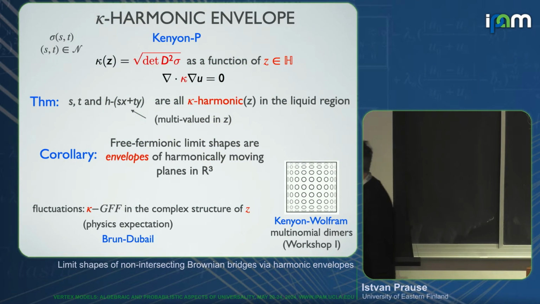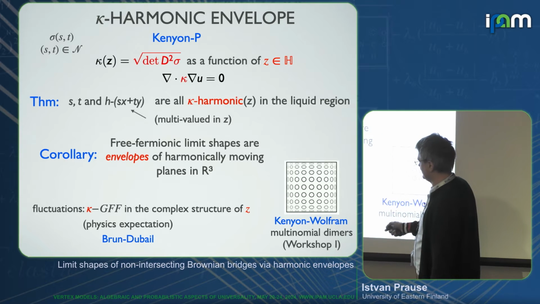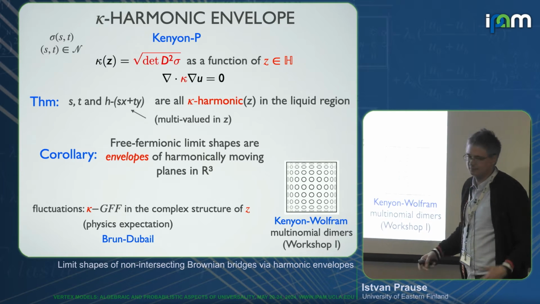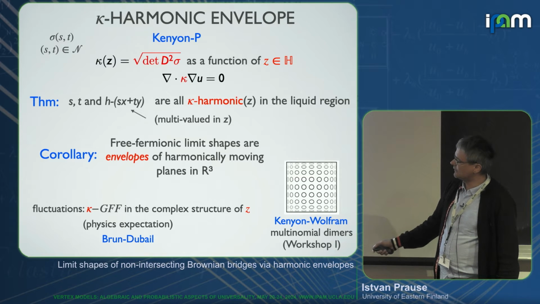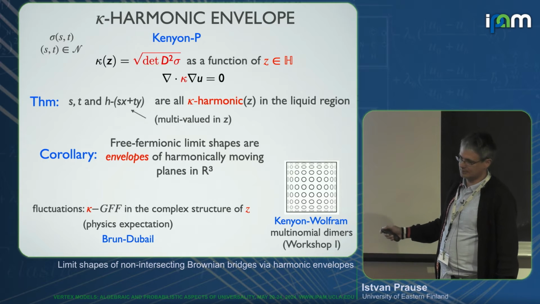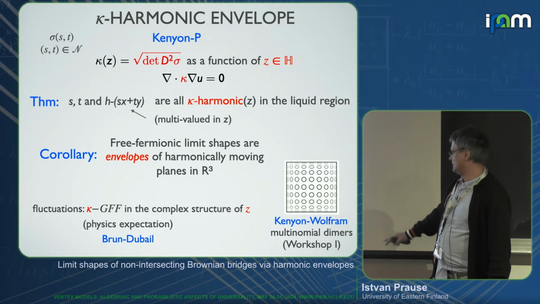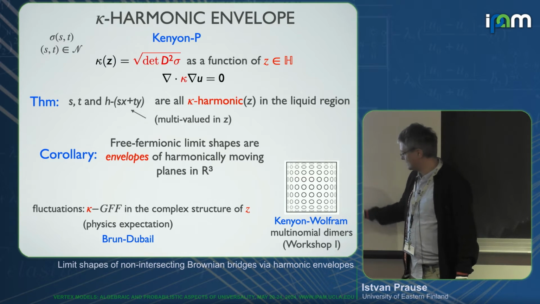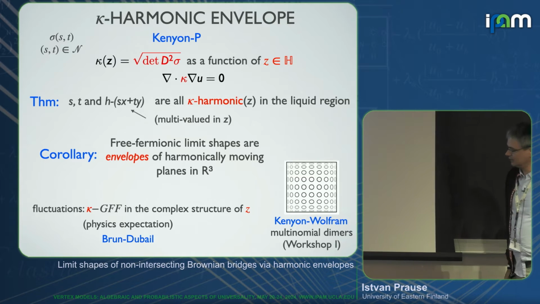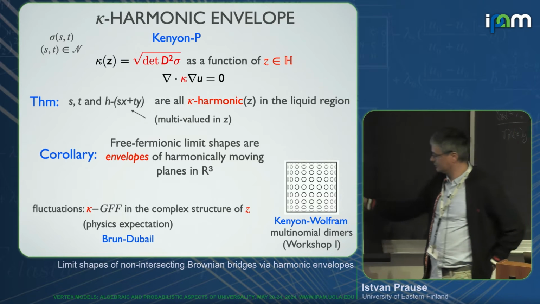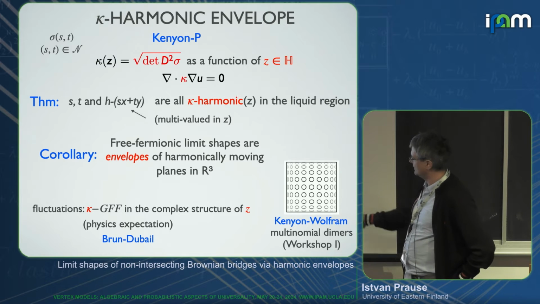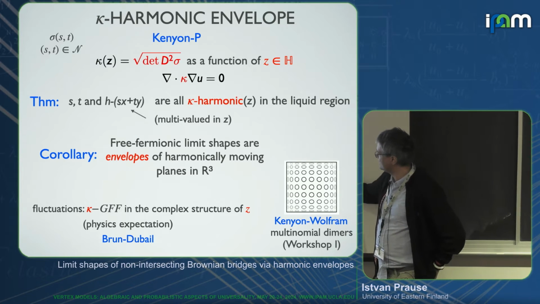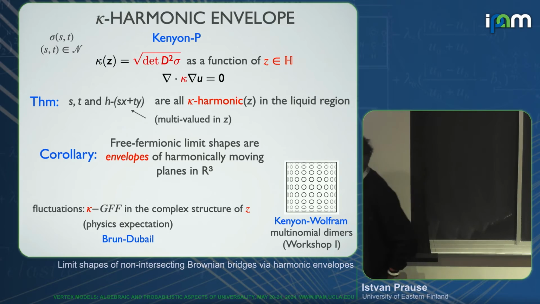And the effect is that there is this non-trivial complex structure given by z, which also appears in the dimers, but the new effect is that this GFF should also be governed by this inhomogeneous Laplacian. And we have seen in Rick's talk that this does appear for a multinomial dimer in workshop 1. So the intensity here is representing the changing of kappa.